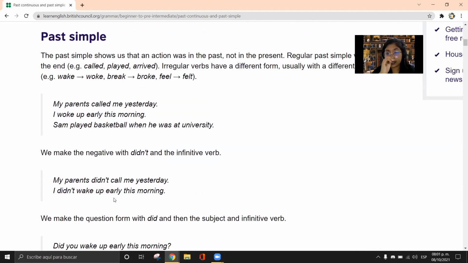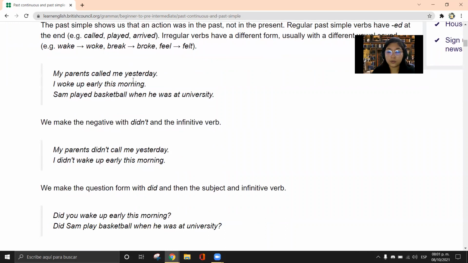And so this is basically the past simple, right? And we use phrases that point to a specific time when the action was done, like yesterday, this morning, when he was at university.